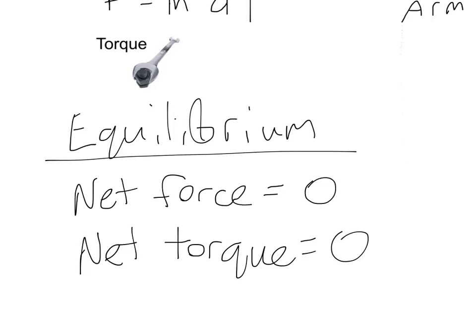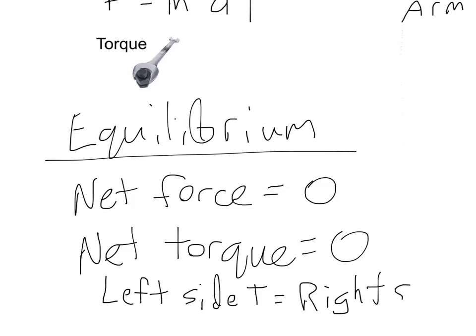In that case, and we're almost always going to be drawing pictures where there's a clear left side and right side, I think it's helpful to say that the torque on the left side is equal to the torque on the right side. And we'll see a problem like that in just a second.